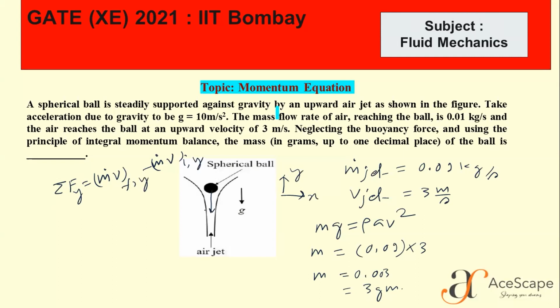There is an initial velocity in y direction, but there is no final velocity in this direction. So what I have done is I have taken mass flow rate as common, final minus initial. This mass flow rate is rho AV, and this initial velocity is there, but this is 0. That's where I have got this rho AV square, what I have written here.